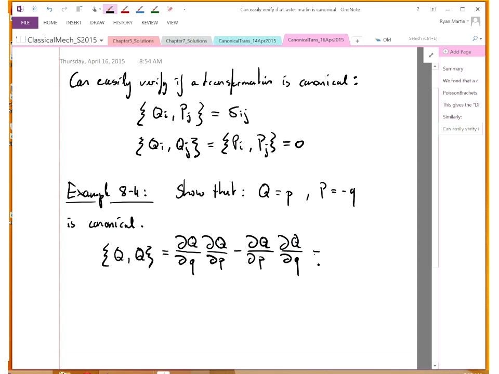So, of course, that's identically 0 because partial derivatives commute. So let's say I actually evaluated these partial derivatives. So di capital Q by di lowercase q, I have to look at what my function is for capital Q. So my function is that capital Q is equal to lowercase p.